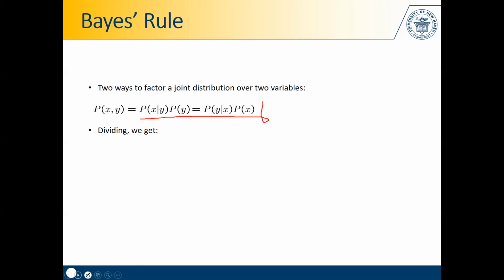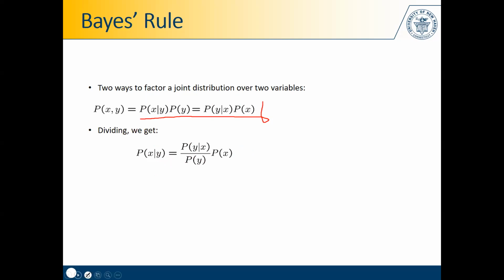Okay, so what? If we divide one side by P of y, we get P of x given y is equal to P of y given x multiplied by P of x divided by P of y.